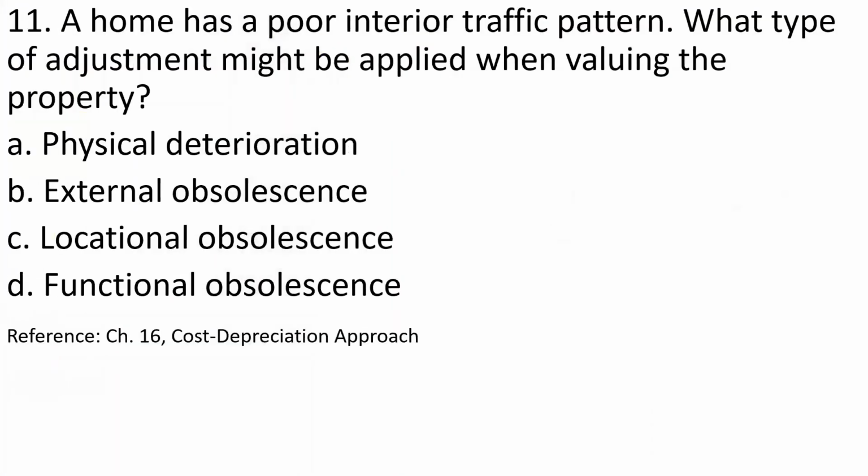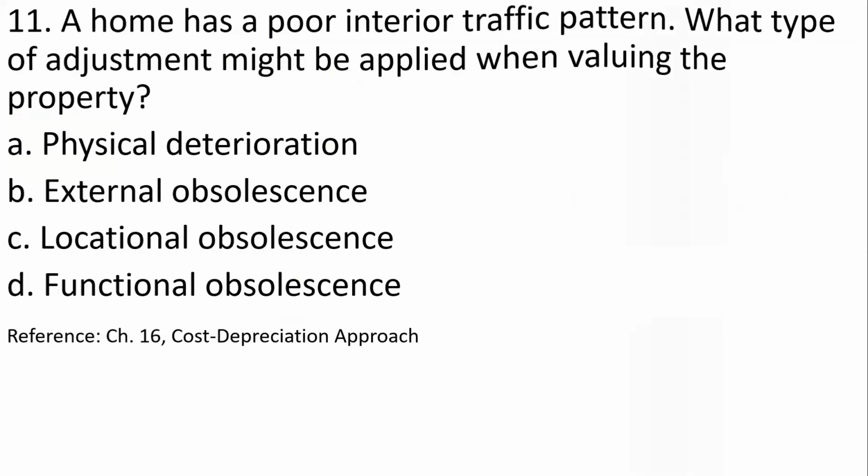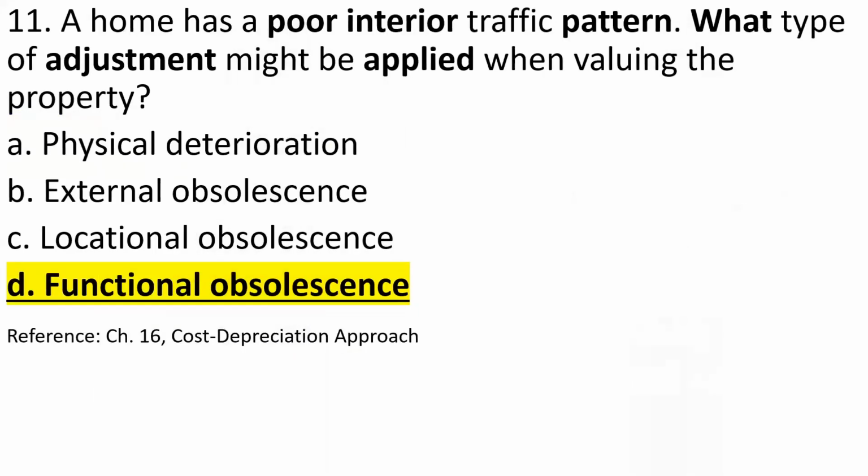Number 11, a home has a poor interior traffic pattern. What type of adjustment might be applied when valuing the property? We just discussed that. That would be D, functional obsolescence. Again, you can see I highlighted the fact pattern for you.